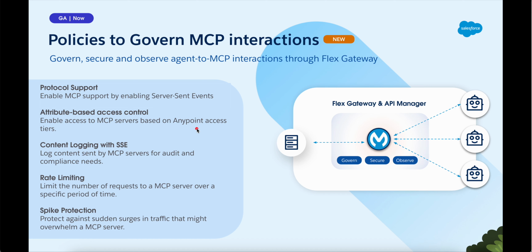Not only the ones which are dedicated to MCP, but you can also apply policies like client credentials, which we had in our API management offering already, and apply them to the same service for MCP now with the same approach and handle authorization, rate limiting, and anything else you want to handle and govern this MCP server, like we have seen with the attribute-based access control. This is something you can easily implement with MuleSoft.